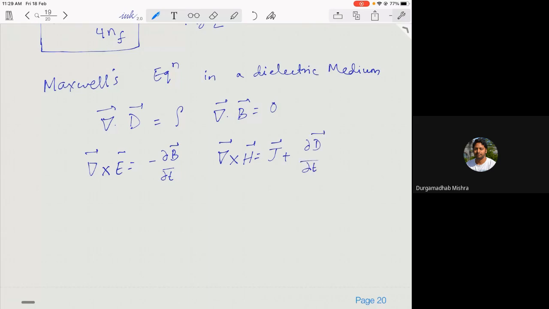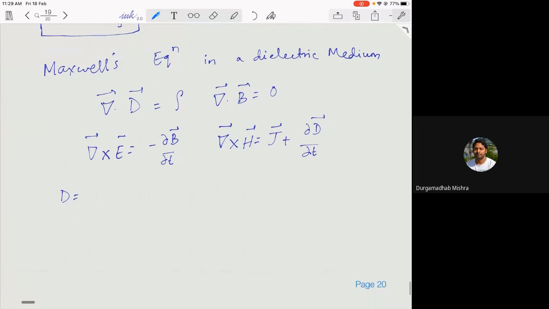What is D? D is the electric displacement vector, which is related to the electric field by D equal to epsilon E. B is the magnetic induction, related to the magnetic field by mu H. J is the current density, related to the electric field by sigma E, which is basically Ohm's law.